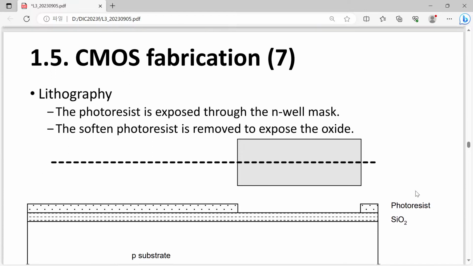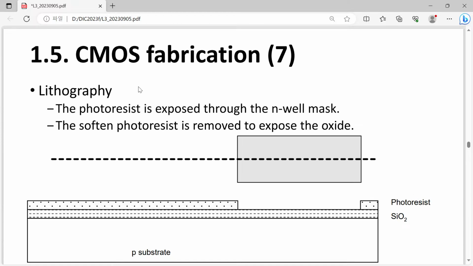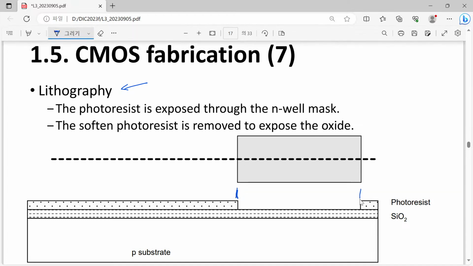Now the important step is photolithography. Previously I showed you the mask, and this mask is used for patterning. So simply speaking, now you have this kind of opening, let's say, then the light comes in, and these points are just blocked by our mask.